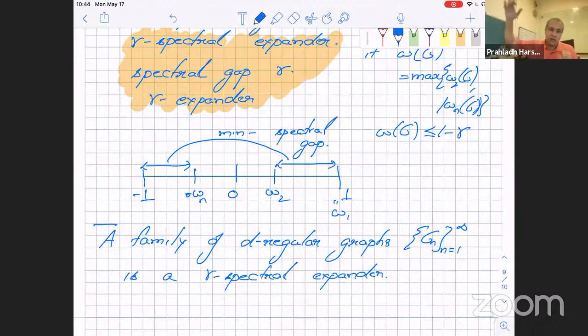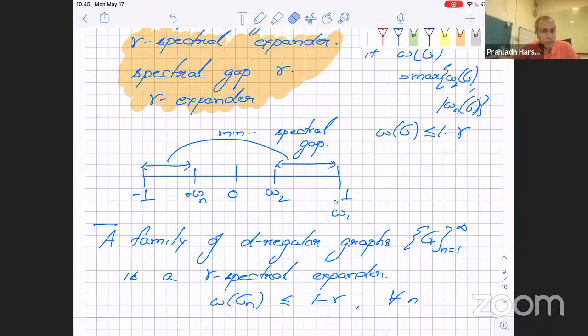For each n, you get larger and larger vertices, and omega of Gn is less than or equal to 1 minus gamma for all n.